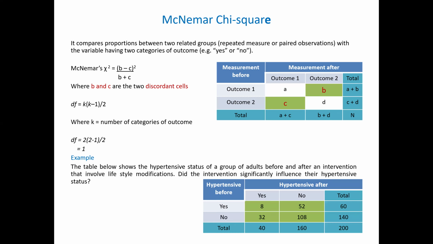So after you have done your intervention, you assess again the same people. That's one thing when you say pair, repeated measure is the same thing. The meaning of pair is repeated or dependent group or related group. It's the same people.